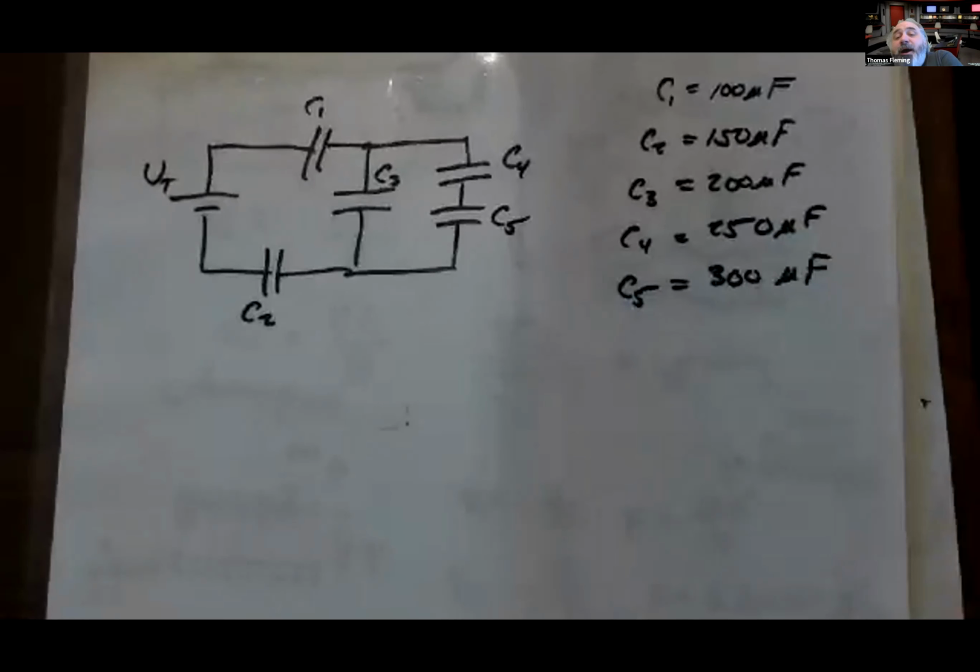So I'm going to start combining all of these things into one big capacitor. But the problem is I have to be able to identify which ones are in series and which ones are in parallel. And that's sometimes not super obvious. So the thing that I'll tell you is that when you're trying to identify these things, you want to remember the definition of being in series and being in parallel.